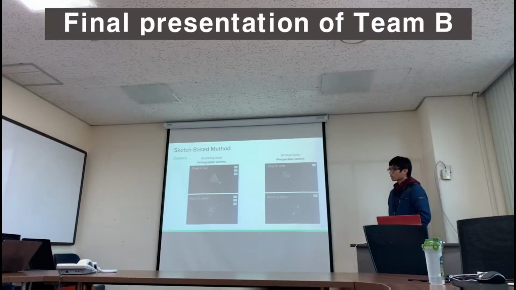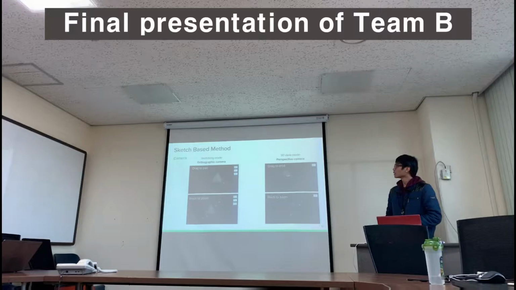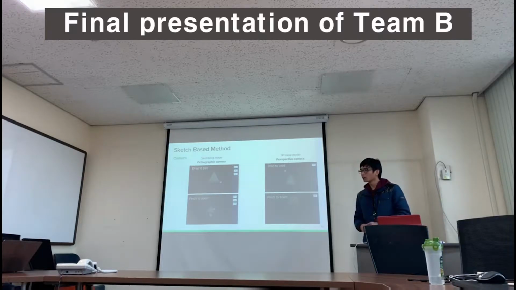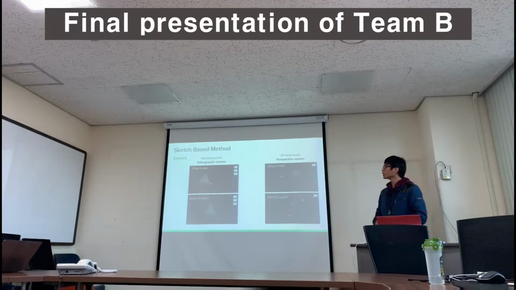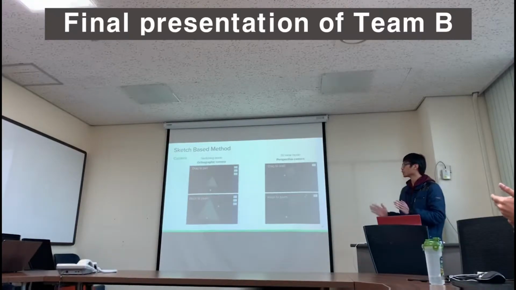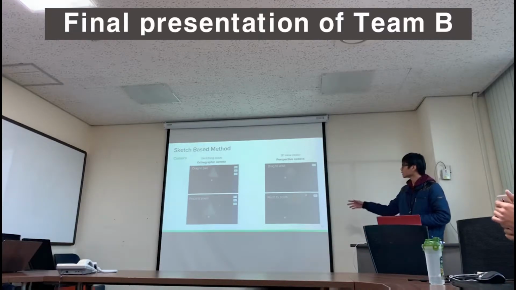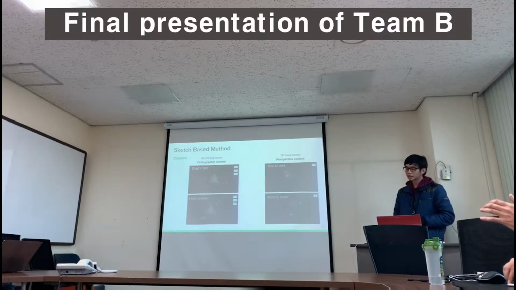The camera, 2 cameras are used for this method. The first one uses an orthographic camera, which is integrated during the sketching mode. And with the orthographic camera, we don't have to see any perspectives. Then the second one is the actual 3D camera, so that you can see the 3D model.